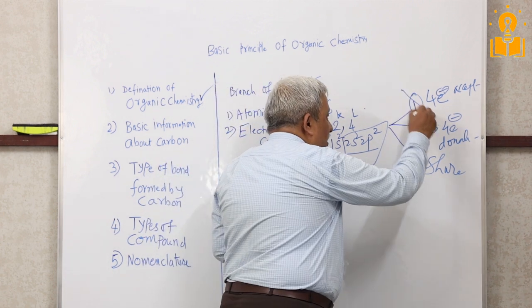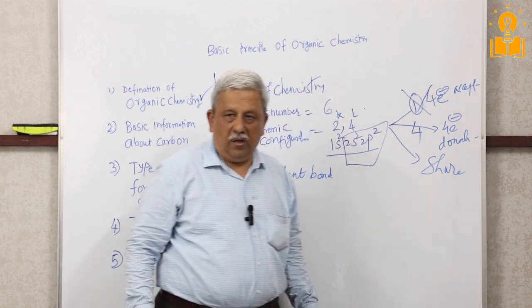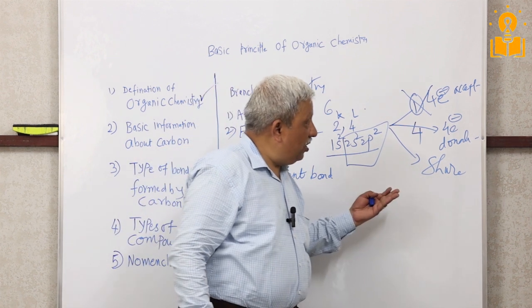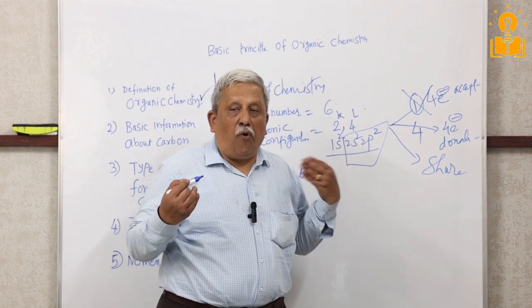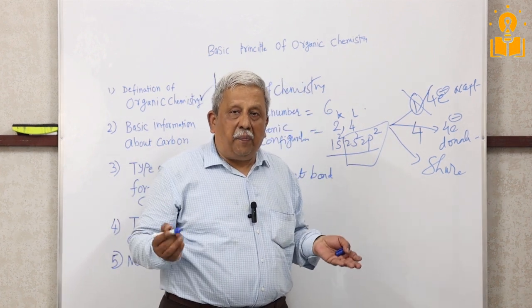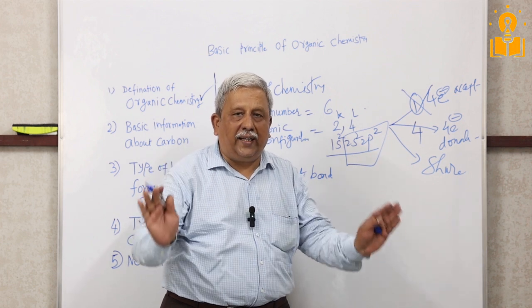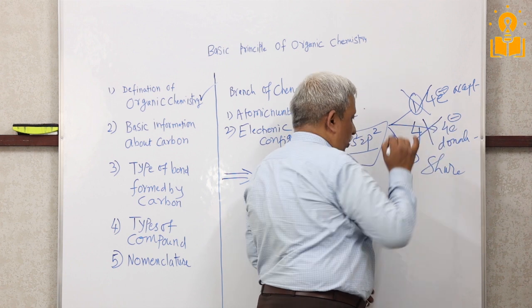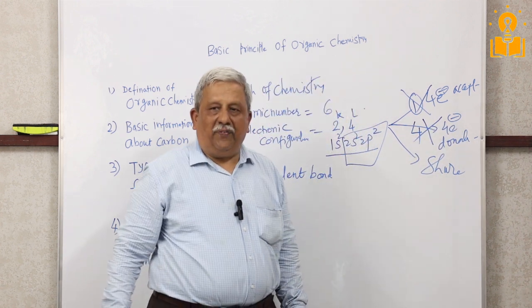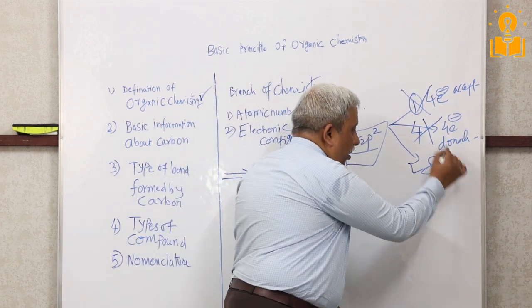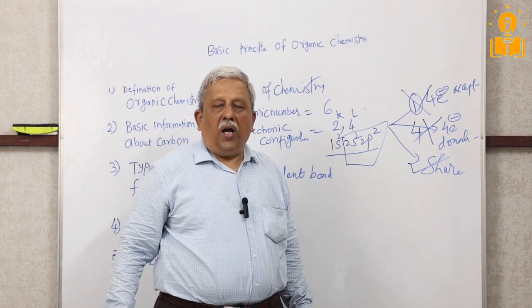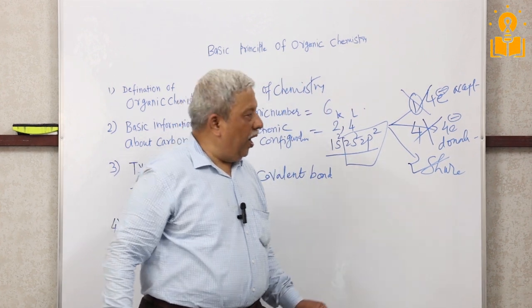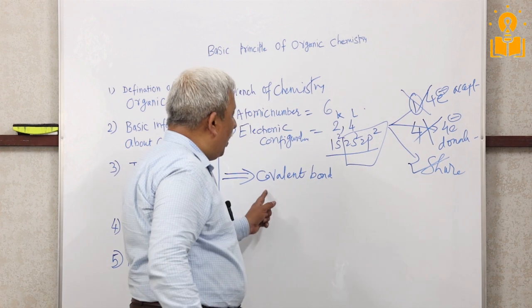Next, it could donate the 4 electrons. But carbon is not an electropositive element, so it cannot donate the 4 electrons. So what is left is to share. That's why it undergoes covalent bonding.